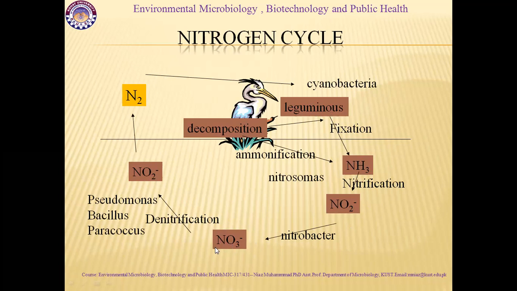Nitrobacter converts it into nitrate, and the oxygen molecule is removed. Denitrification: several bacterial species carry out this reaction, and nitrous oxide is converted into elemental nitrogen, and this elemental nitrogen is converted again into organic molecules by cyanobacteria, which are the most abundant living bacteria on this globe.